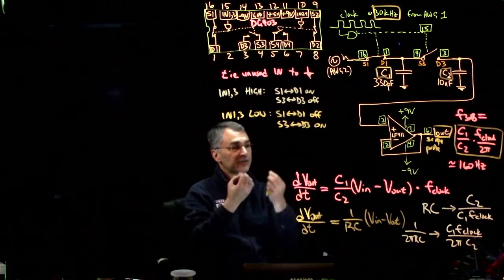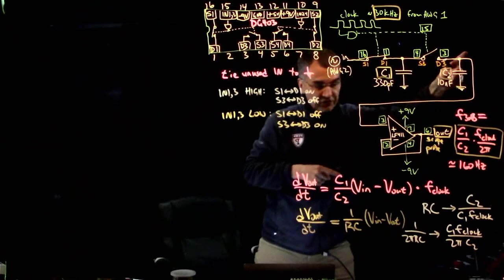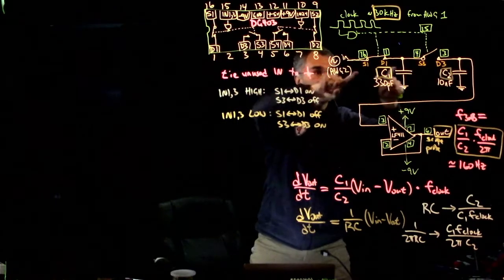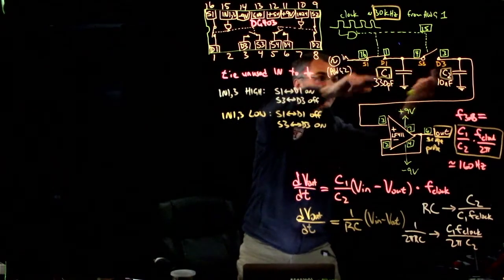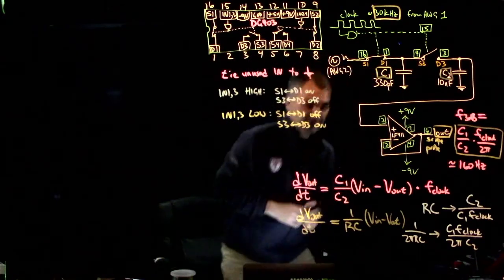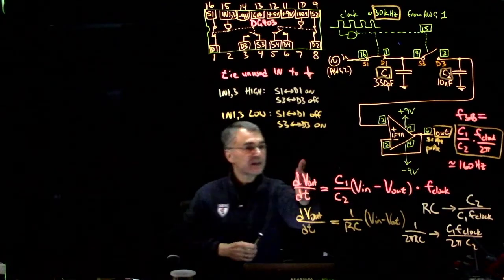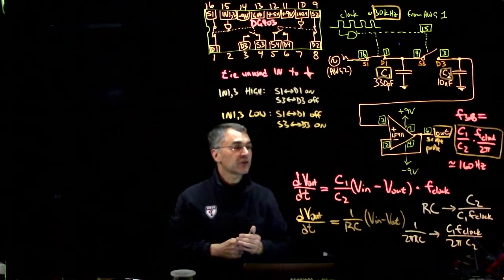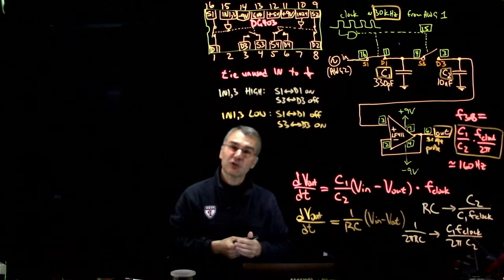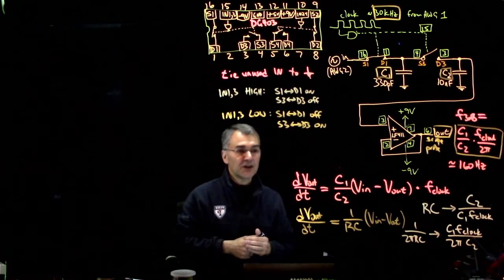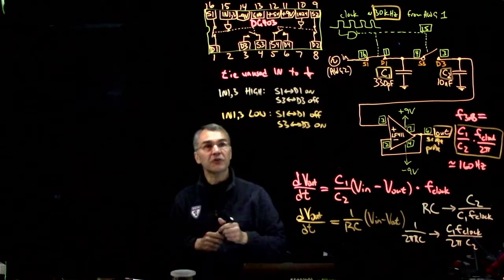In a given tick, every time this switches back and forth, this voltage changes in proportion to the voltage difference between here and here times the ratio of these two bucket sizes. So there's the little bucket and the big bucket. And that happens how often? It happens once every tick of the clock. So I think this at least makes intuitive sense, even though instead of deriving it rigorously, I did it kind of hand-wavingly.